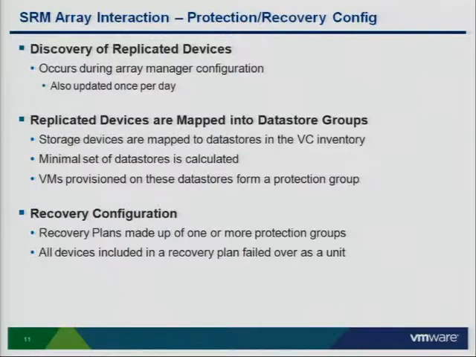And once you've configured your protection groups at one side, then you would go over to the recovery side. And at the recovery side, the recovery SRM instance will go back and talk to the protection side instance of SRM. It'll get that information from the protection side instance of SRM, and you can configure your recovery plan based on that collection of replicated VMs that we discovered from the underlying storage.